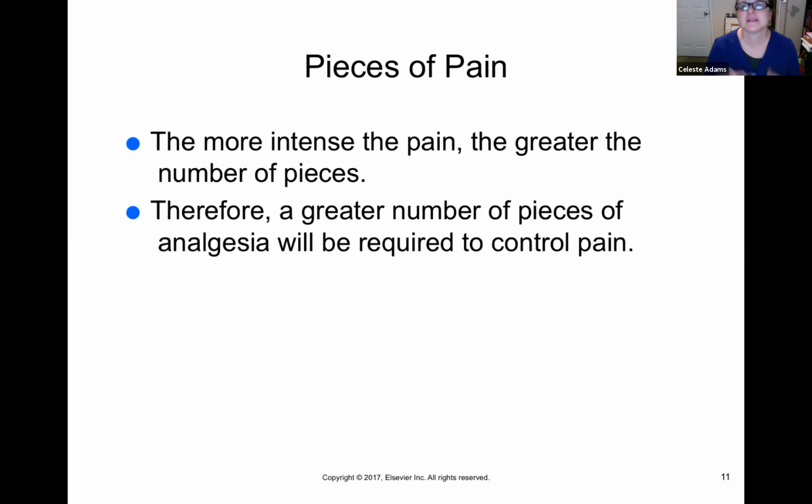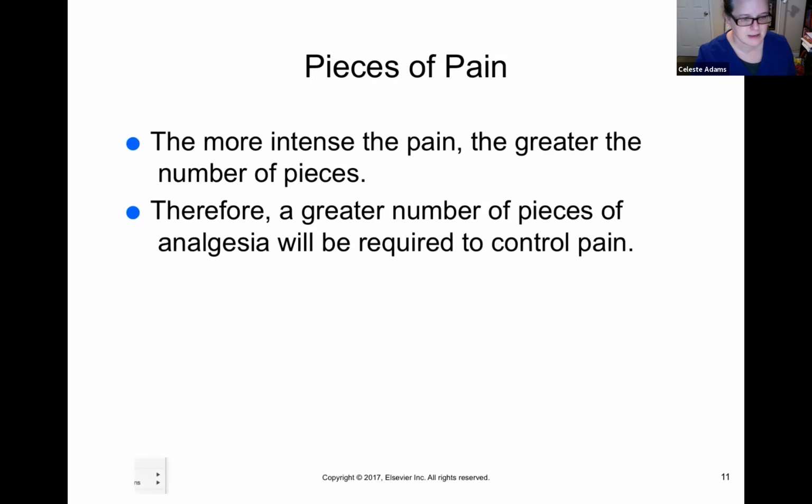So the more intense the pain, the more management that's going to be involved, the more analgesia that's going to be required to take care of that pain. That is the pieces of pain theory.